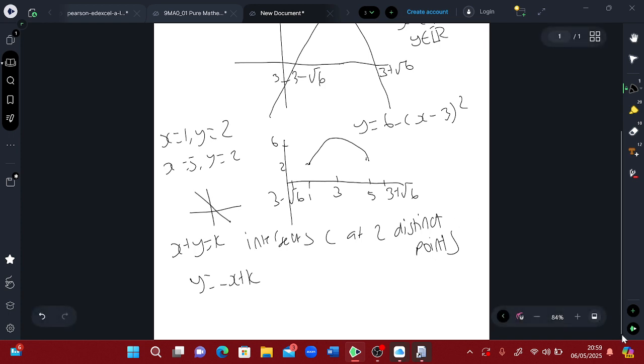So what is happening geometrically is, so we have this curve here, which is here, sketch. And that's saying our y is minus x is that. So we want to keep shifting this until it finally crosses the curve twice, essentially.